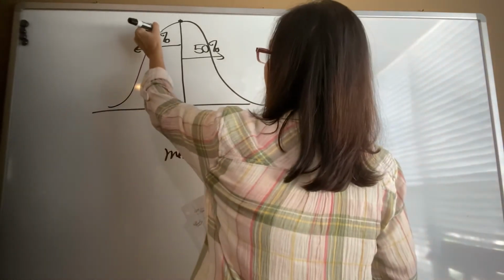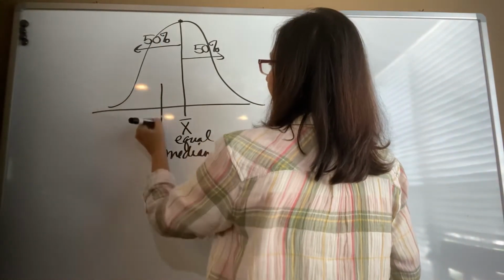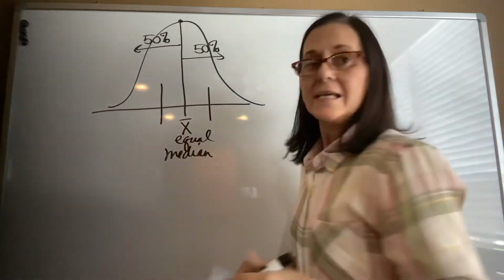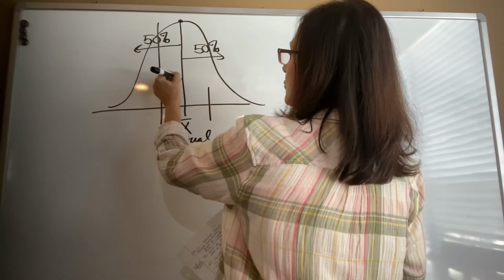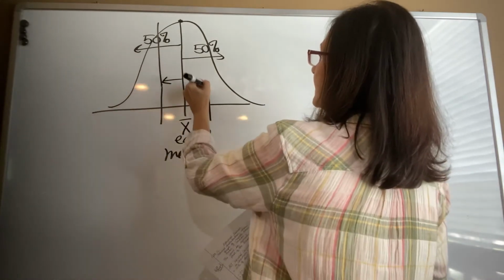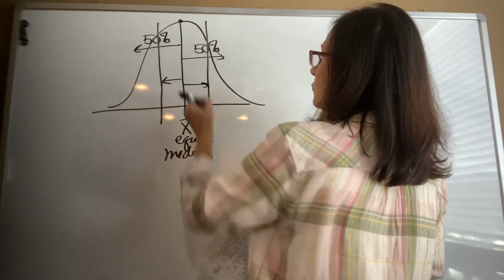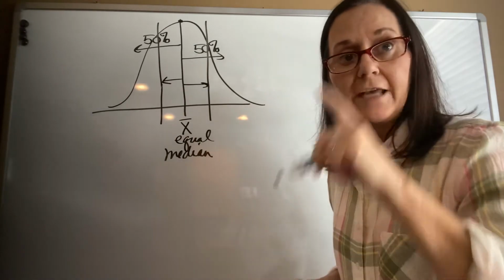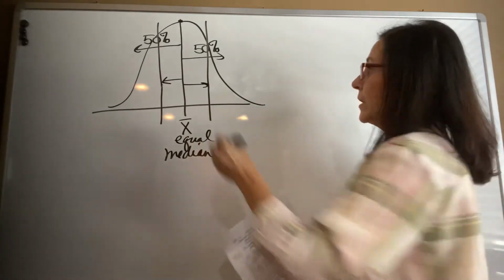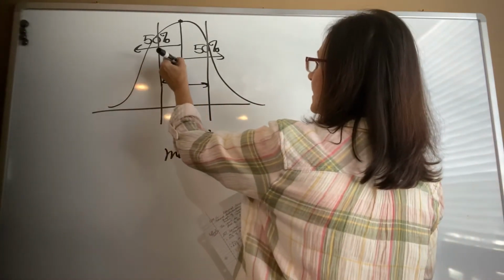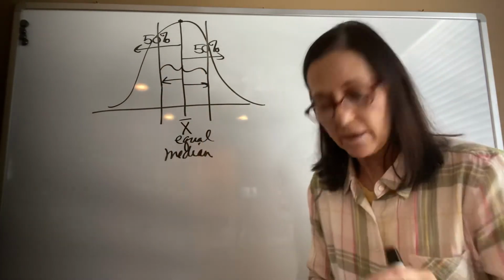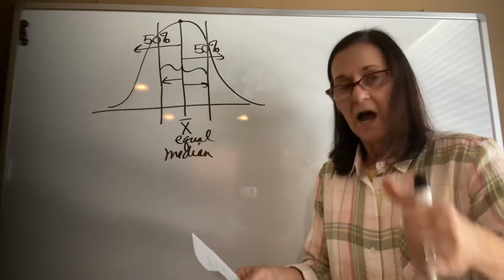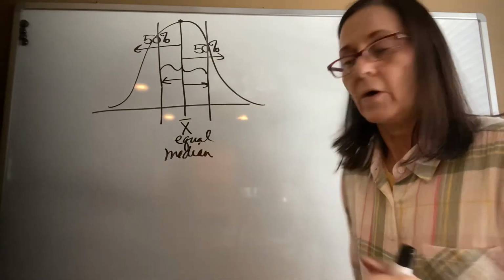Then we can know that within one standard deviation to the left and to the right of the mean, 68% of the data lies within one standard deviation.